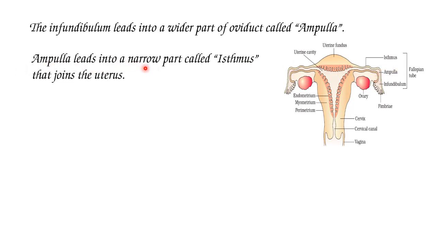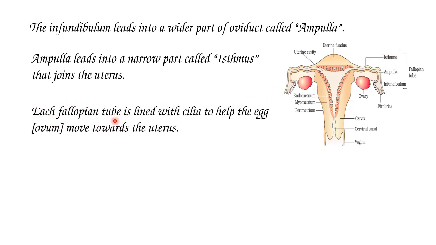The ampulla leads into a narrow part called the isthmus that joins the uterus. So this ampulla becomes narrow and joins the uterus. That narrow region extended from the ampulla is called the isthmus.